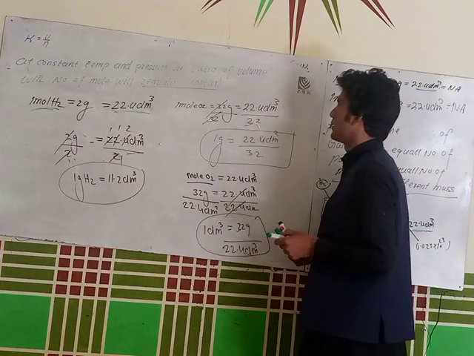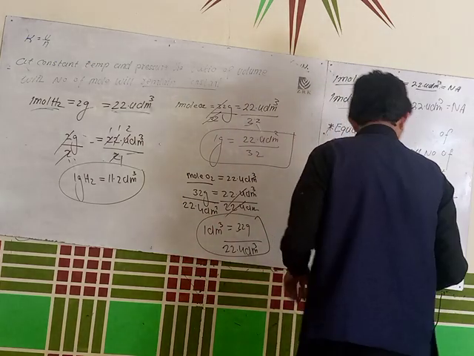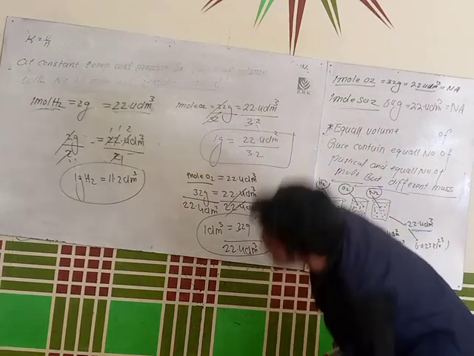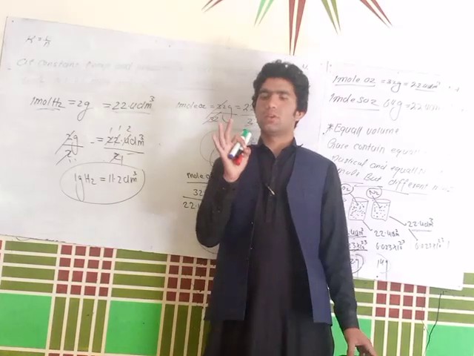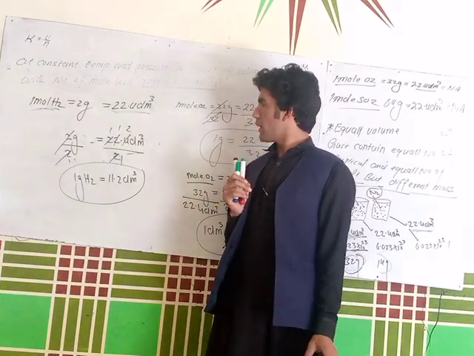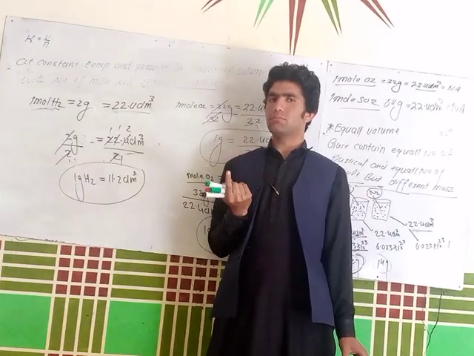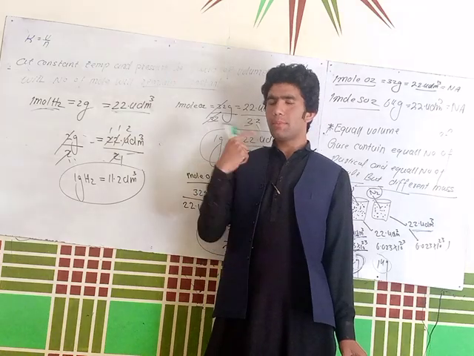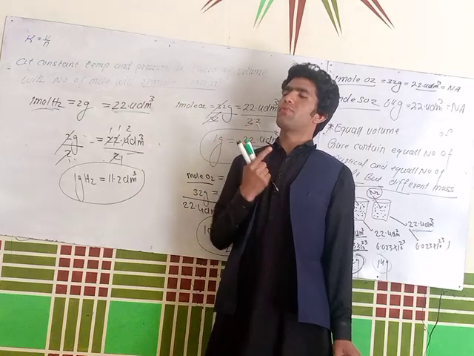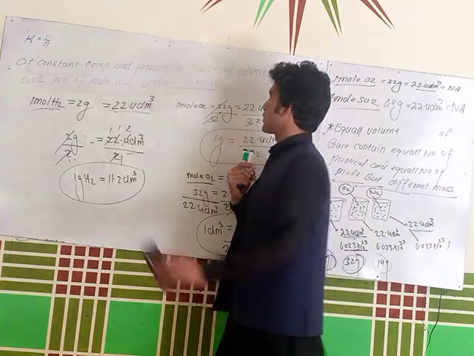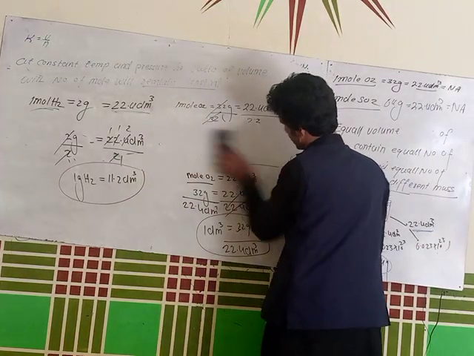Students, this is the formula. Now I'm going to write the formulas. If the demand is about the grams, which formula will be used? And if someone asks about the decimeter cube, which formula will we use? So let's come toward that side.